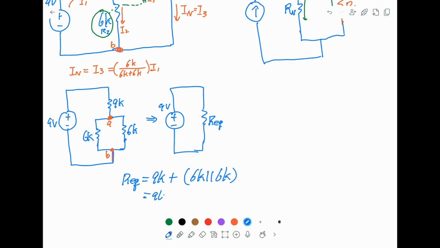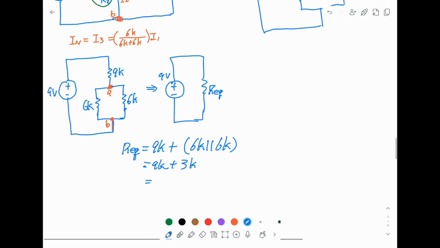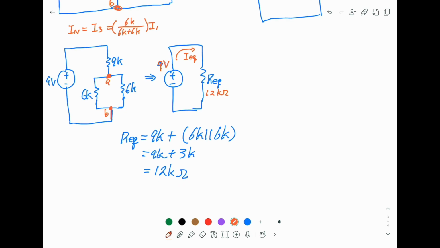So this is 9K plus 3K, and this is 12K. So in this circuit, you got 12K here, 12K ohm, and now you know the source is 9 volt, so you can find the total current.